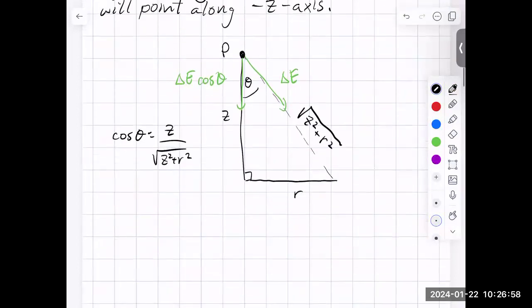Okay, so the z component of delta E is going to be delta E cos theta.